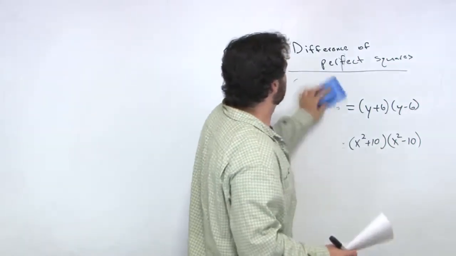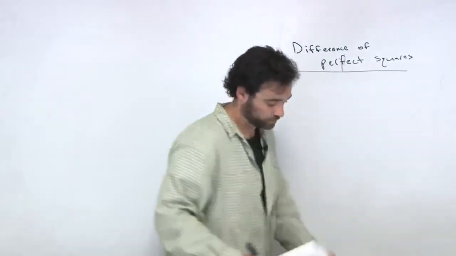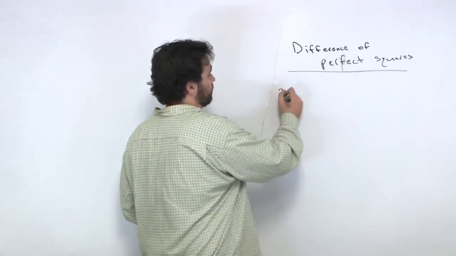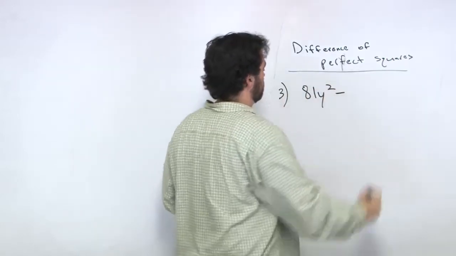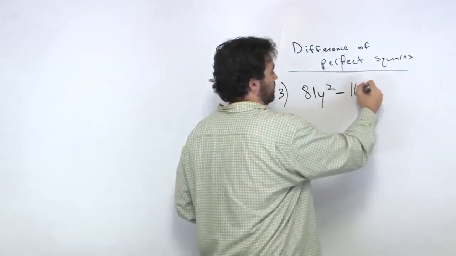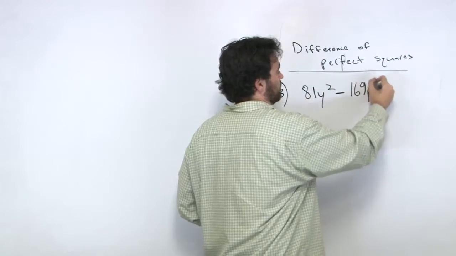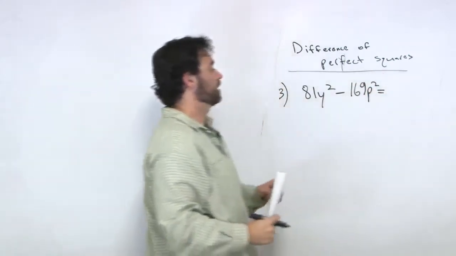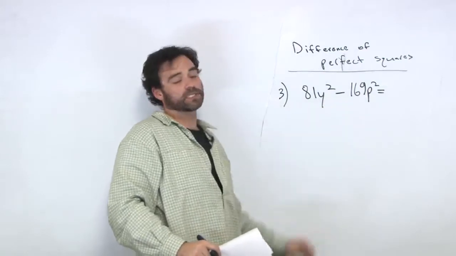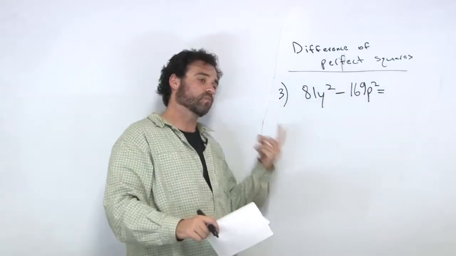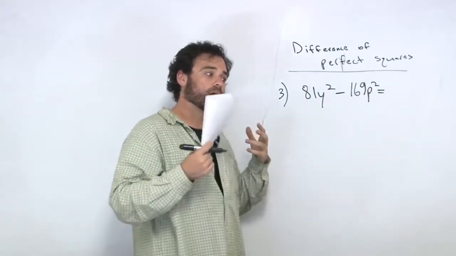So let's make them a little more difficult. Example 3: I have 81y squared minus 169p squared. Okay? So we look at these numbers. 81 and 169 have nothing in common besides 1. What are we going to do here?